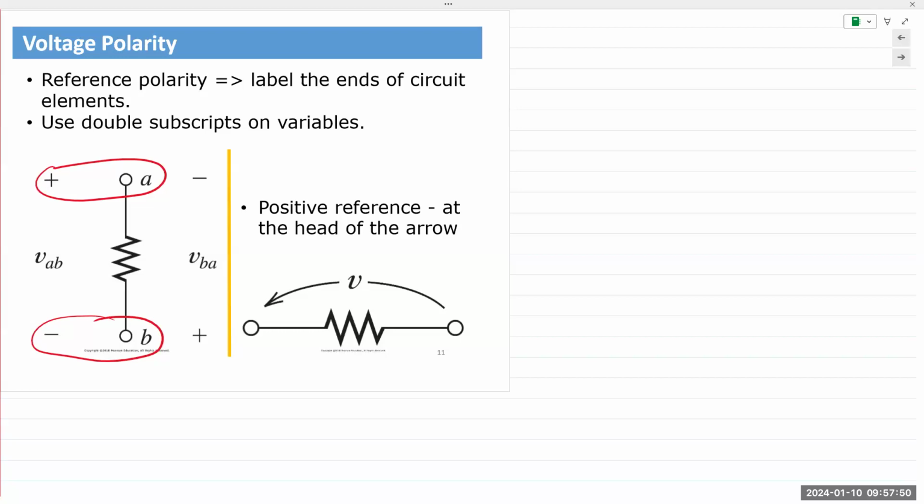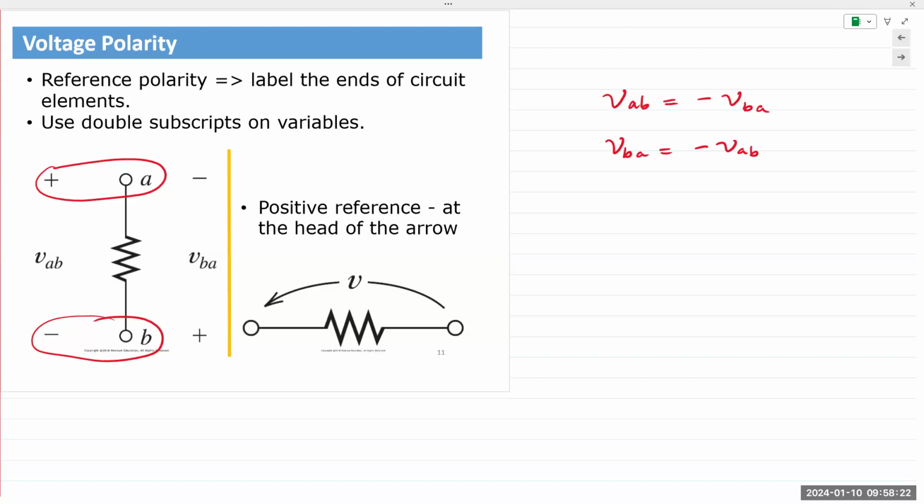VBA simply means you're measuring voltage at B, which is the first subscript, with reference to A. So in this case, you are now standing at A and you're looking at B. And similar to the current, VAB is equal to minus VBA, or VBA is equal to minus VAB.